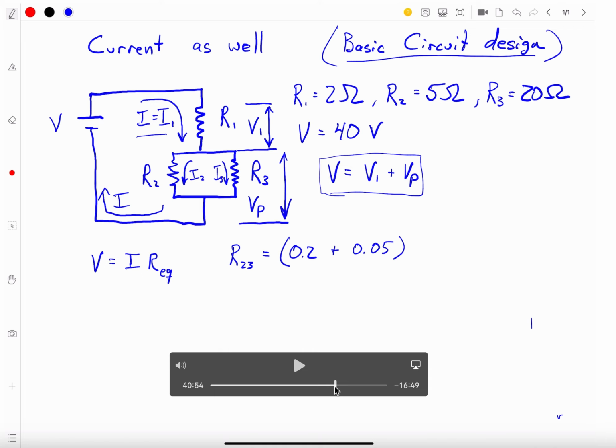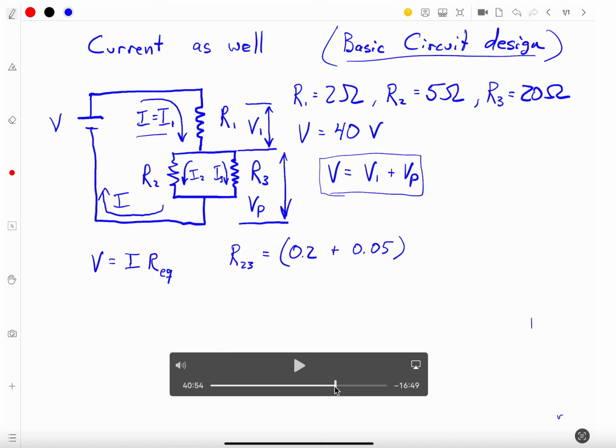And the first thing we need to do is figure out what the total equivalent resistance is. Because Ohm's law, V equals I R EQ, right? So whatever that I is, that happens to equal I1 going through R1, you can see that on the diagram there. Whatever that I is, we want to know what it is, right?